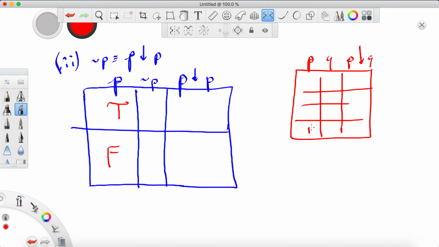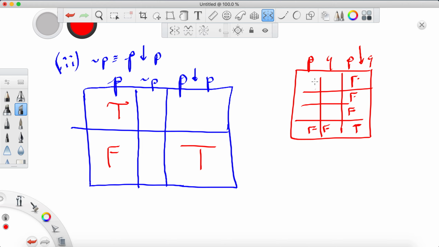only when both of these are false is this true. Otherwise, this whole thing is false. So my point here is that because both of those are P, when one of them is false, the other P is also false because it's the same one. So this will be true. And if this is true, then all the P's are true.